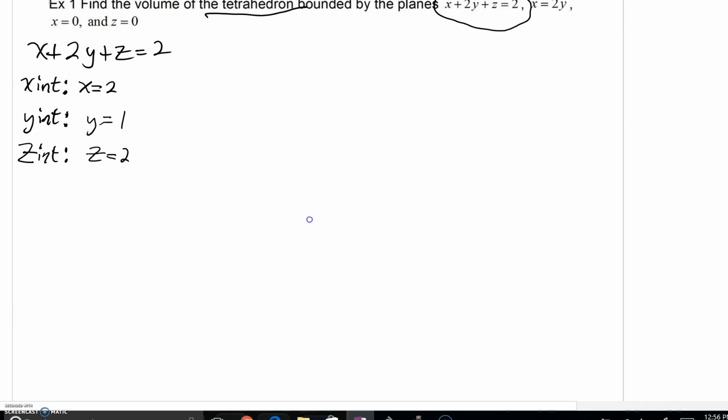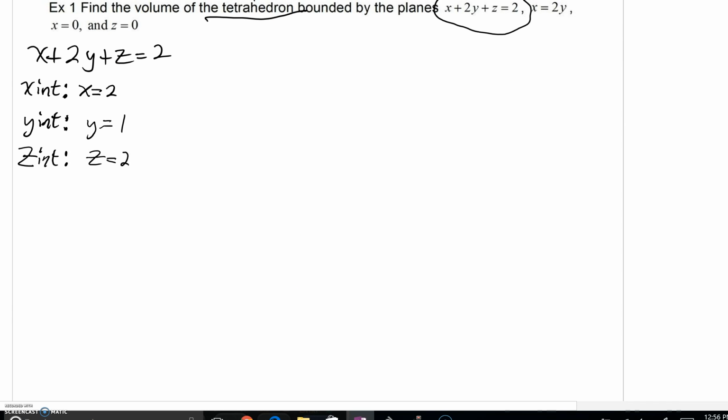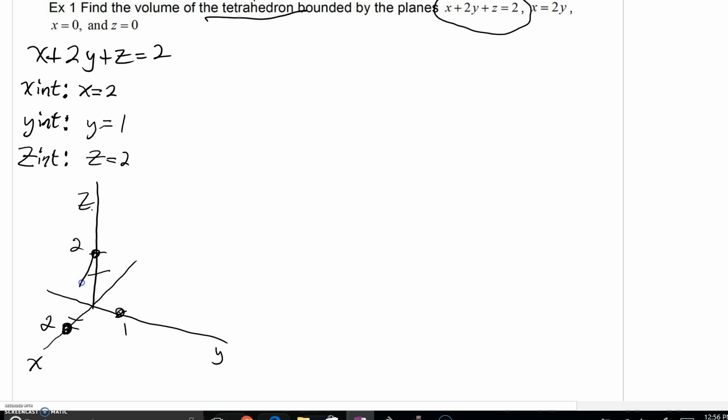Now, the reason why I'm bringing this up is just a quick review of what we were doing yesterday. And you don't have to make a spectacular picture here. But I want to point out here's an x-intercept of 2, here's a y-intercept over here at 1, and here's a z-intercept at 2, and we'd have this plane, and we're only catching a faint glimpse of this plane.